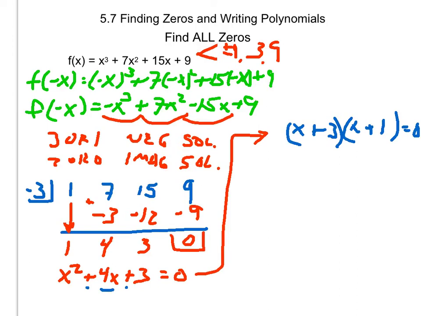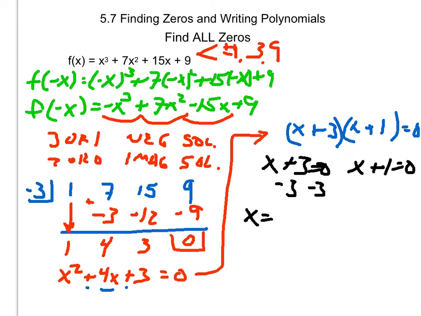So now, to finish solving, we need to set each of those equal to 0. So x plus 3 equals 0. X plus 1 equals 0. Now we can solve. So here we would subtract the 3. X equals negative 3. Here we would subtract the 1. So x equals negative 1.